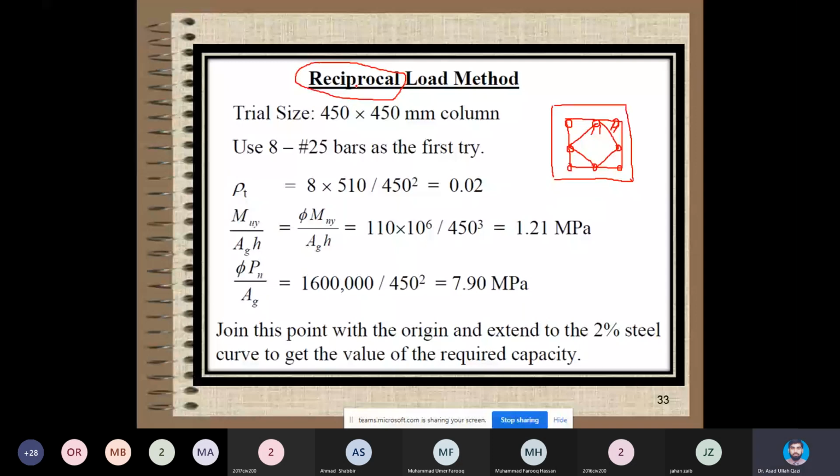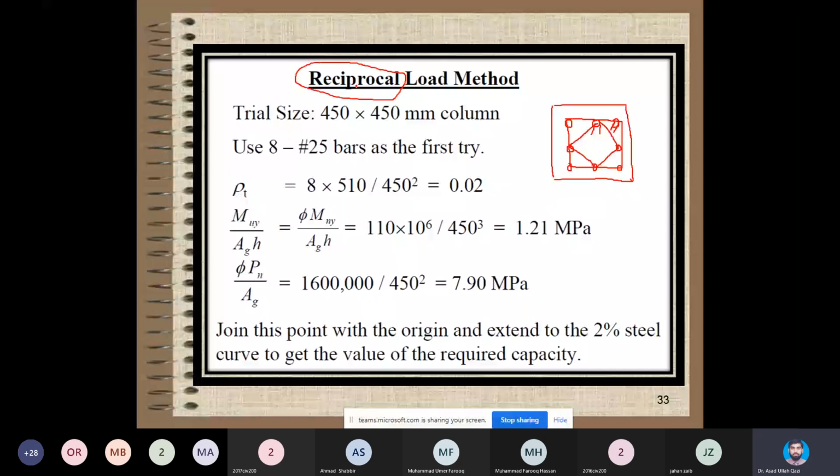If no, then you need to re-examine that whether 8, now increasing the cross section, let's now have 8 number 25 or 8 number 32. So in this way you will keep on iterating until you converge to a safe design which gives you the ultimate capacity more than the demand.